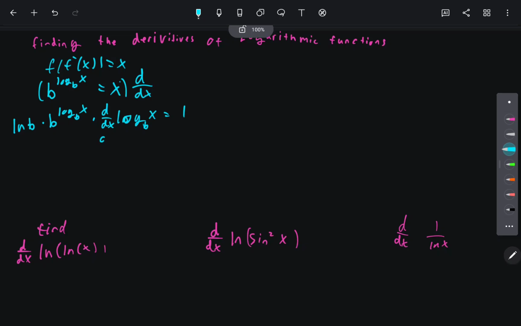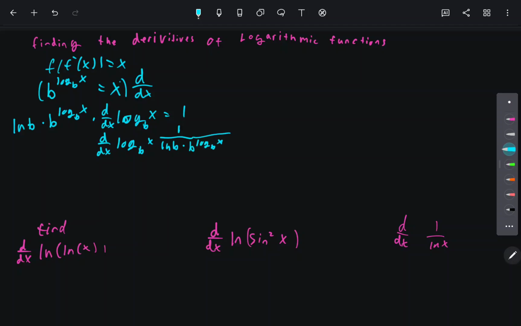So what we get is d over dx of log base b of x is equal to 1 over the natural logarithm of b times b to the log base b of x.